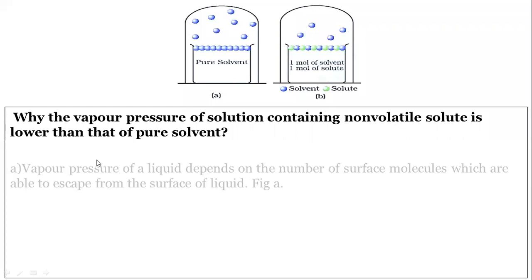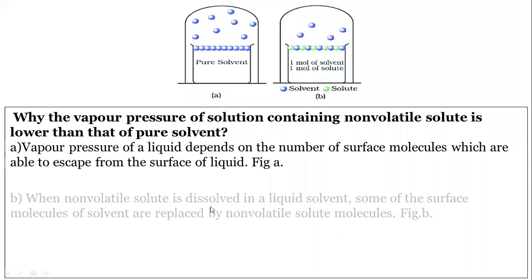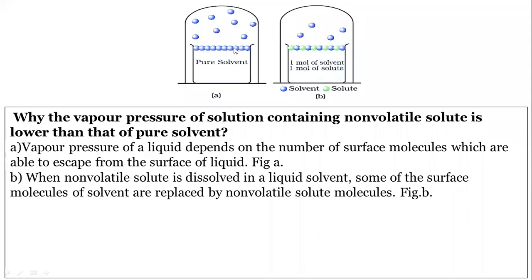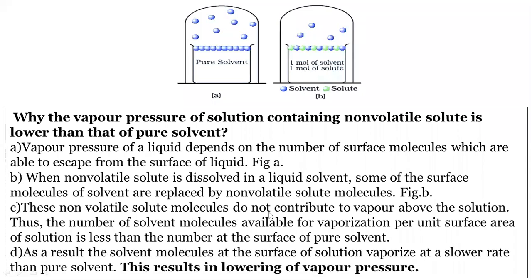This is the explanation of why the vapor pressure of the solution containing non-volatile solute is lower than the pure solvent. The reason is the same: here the complete surface is available for evaporation, and here the complete surface is not available for evaporation. So this results in lowering of vapor pressure.